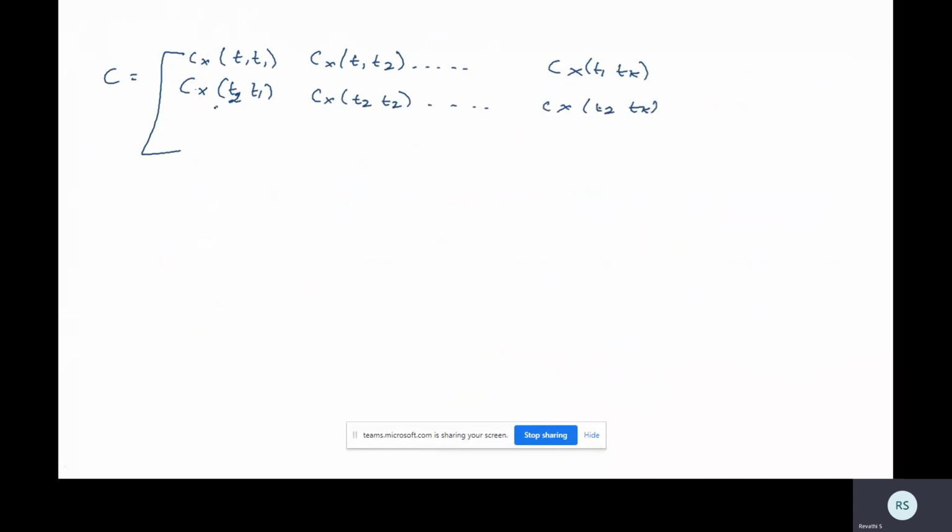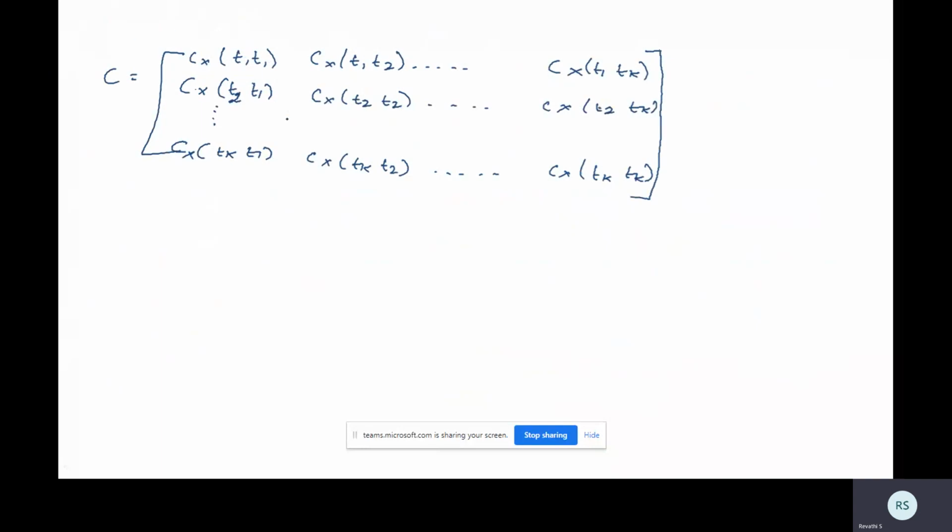So this is the second row. Similarly, you will be writing a K cross K matrix. So the kth row is nothing but Cx of Tk T1, Cx of Tk T2, like this, Cx of Tk Tk. This is the covariance matrix.